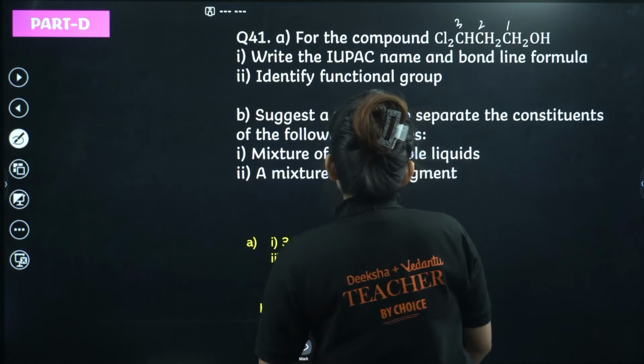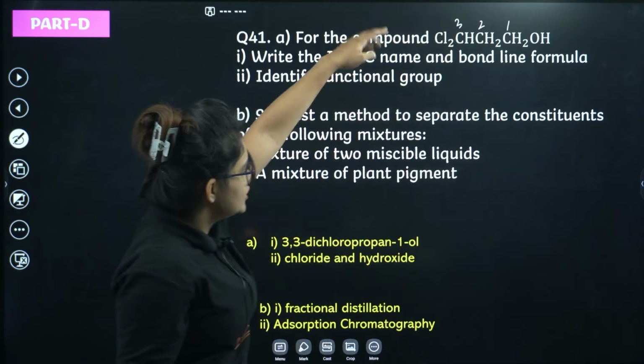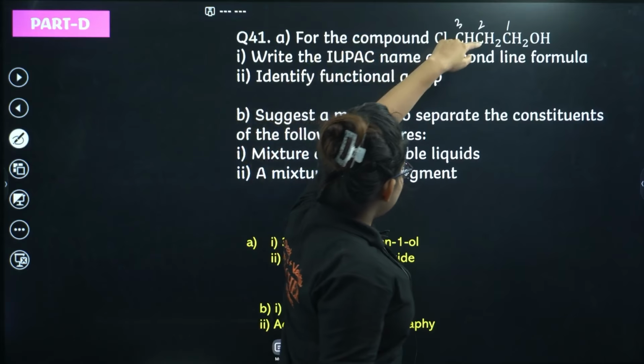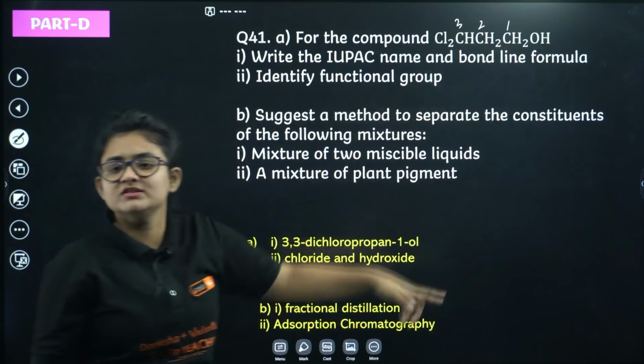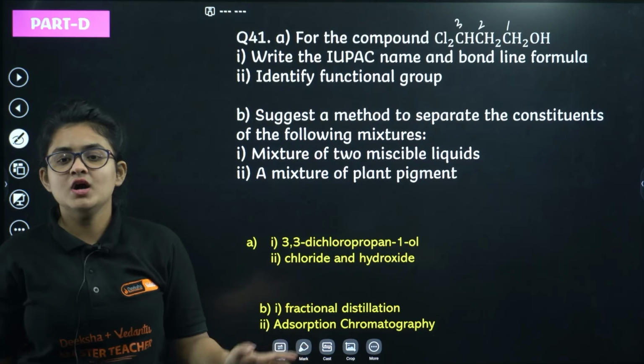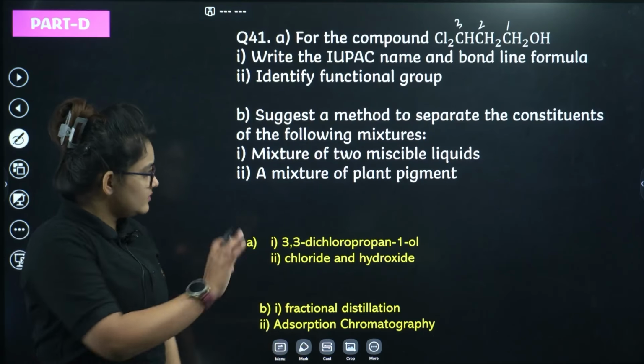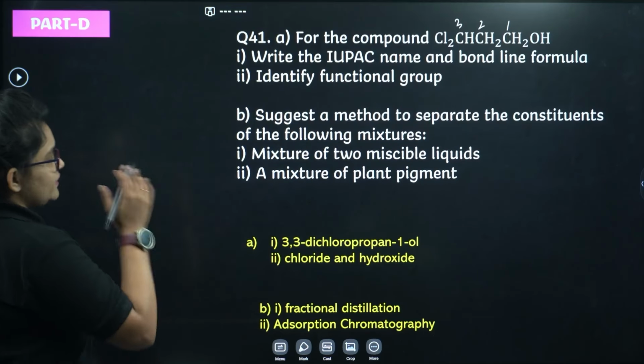If I number it like that, in the 3 position I have 2 chlorines. So 3,3-dichloro, and how many carbons? 3 carbons, so propan, in the 1 position -ol. 3,3-dichloropropan-1-ol. I guess you got it. Now if I draw the bond line structure, just split the bonds in every possible way. Like this you can draw the bond line structure.